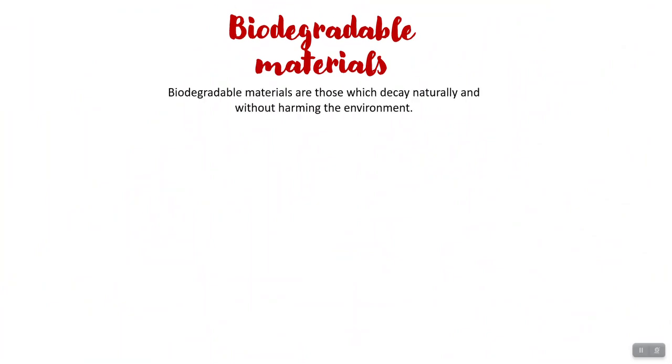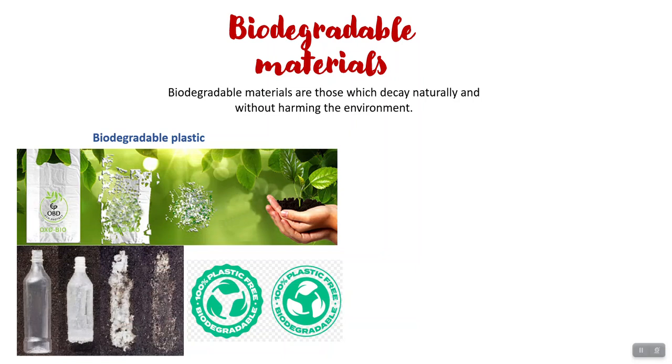Then there are biodegradable materials. So what are biodegradable materials? These are materials which decay naturally without harming the environment. Nowadays we also have biodegradable plastic, which naturally degrades and is compostable.